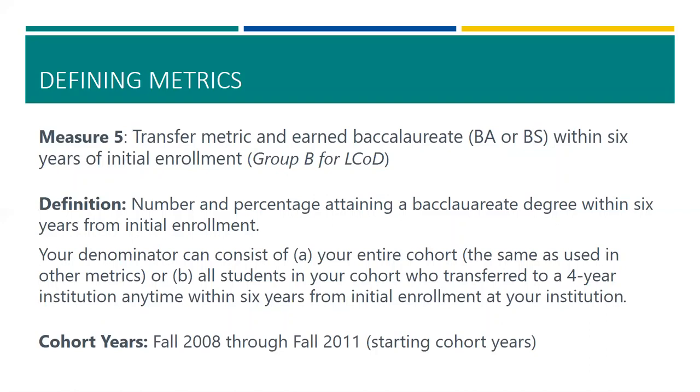If you happen to be using this metric, your denominator could be one of two. It could be the entire cohort, the same as what you'd use for all your other metrics, in definition at least, or you can look at only students in the cohort who at some point transferred to a 4-year institution anytime within that 6-year span.